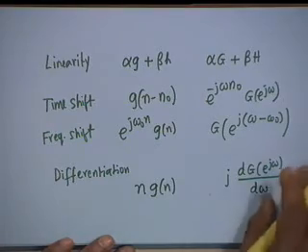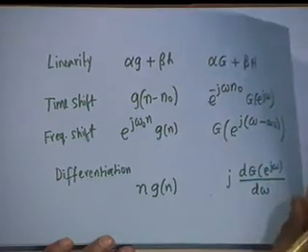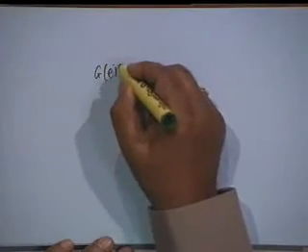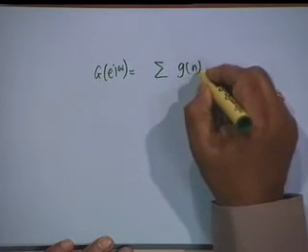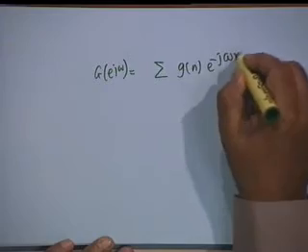It can be proved also from the definition. For example, you write G of e to the j omega as equal to summation g of n e to the minus j omega n.